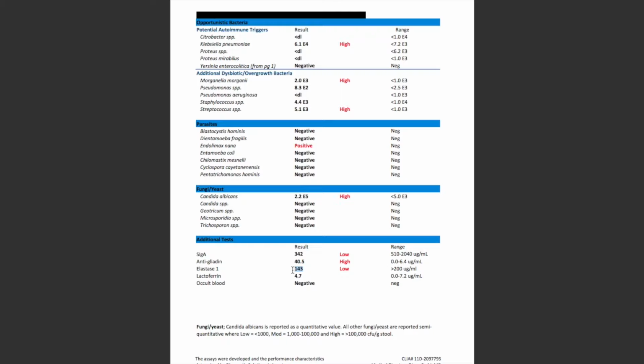That is an indirect measurement of pancreatic enzymes, which are needed to digest your food well enough to absorb them at the site of absorption in the small intestine. And whenever this number is low, that's generally secondary to low hydrochloric acid. So again, like we talked about with H. pylori, it's very common to have low hydrochloric acid, in which case we're going to then see this enzyme being low, because digestive enzymes are triggered to be released by the hydrochloric acid production in the stomach moving into the small intestine.